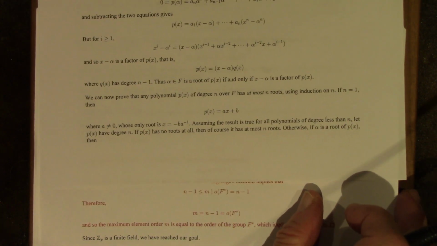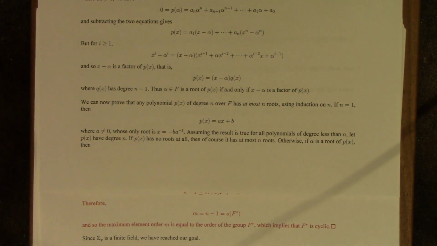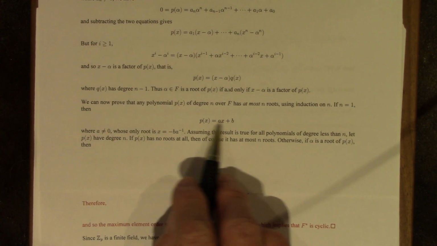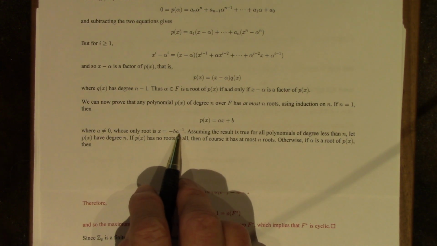Now we can prove that any polynomial p of x of degree n over an arbitrary field F has at most n roots. And we can do that by induction. For n equals 1, we have a linear polynomial. A is not 0, and the only root of this, of course, is negative b a inverse.